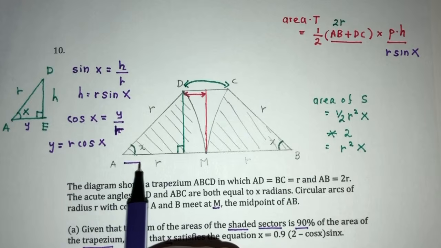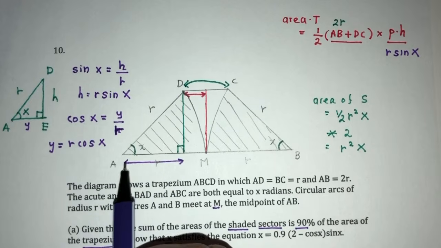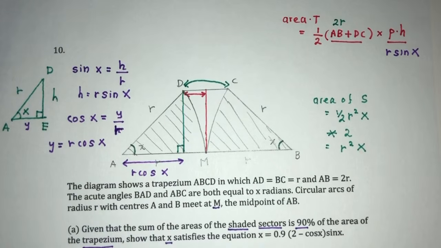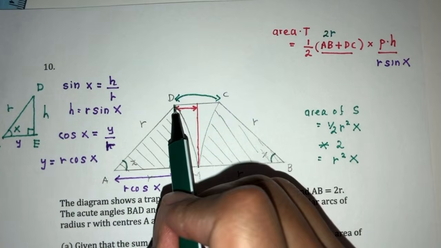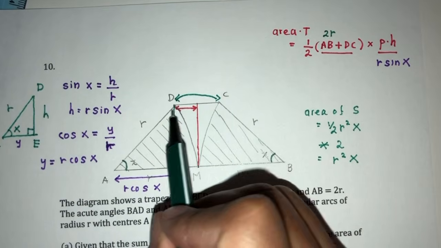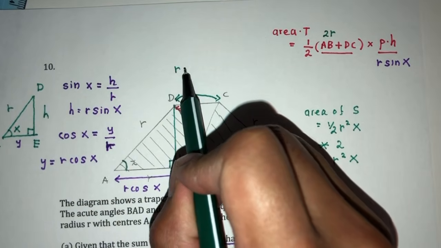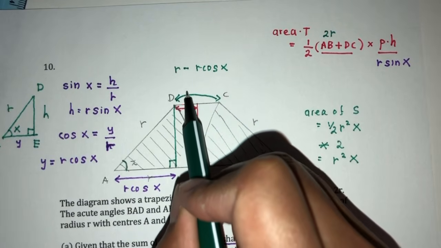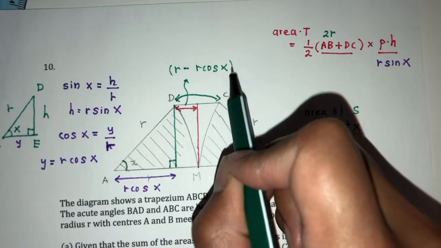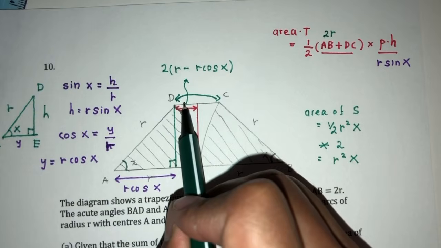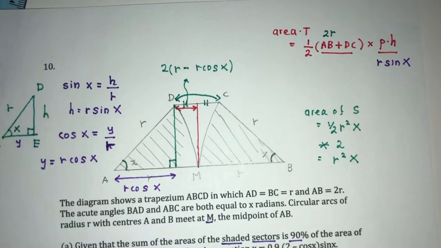So the length here is r cos x. So finally, we do realize that this whole thing is r, right? So this will be r minus r cos x. That is only this part, right? So to find the whole thing DC, we have to multiply by 2 because we know this is the same as this, right?